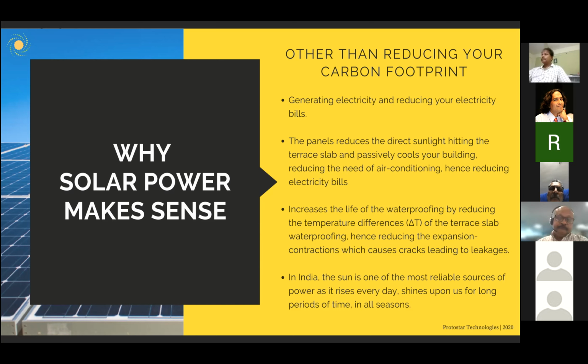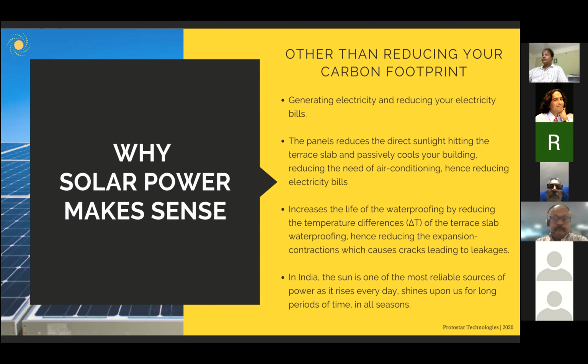You don't have to do some drastic other things; by just putting a few panels on the roof, you are essentially helping to save the planet. But let's forget the carbon footprint issue. What are the other benefits of solar power? First, the most basic thing is, yes, you're generating electricity and you're reducing electricity bills. That's the main reason why most people go for it, and that is obviously understood.